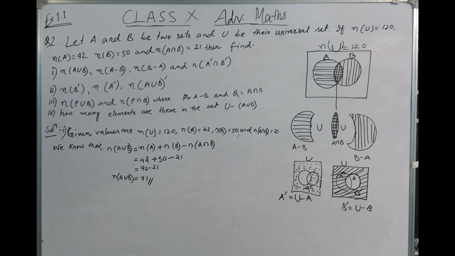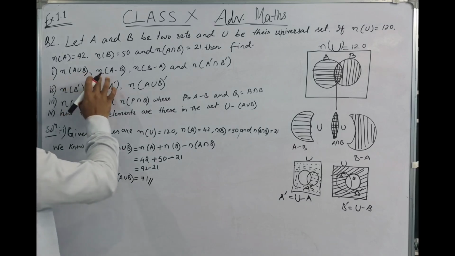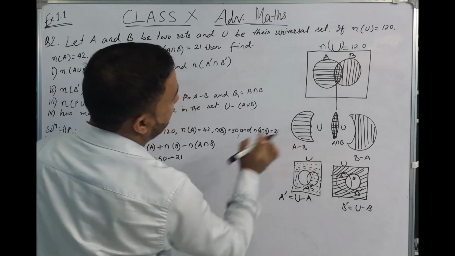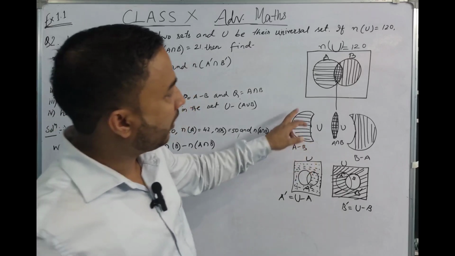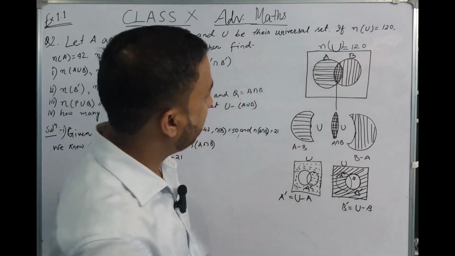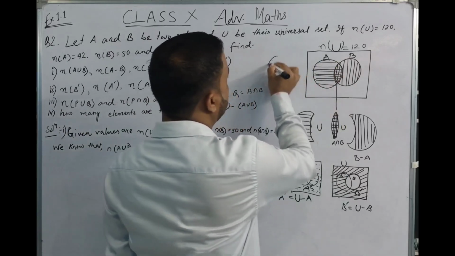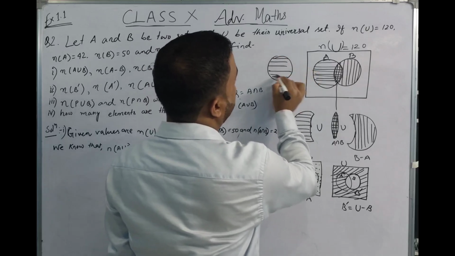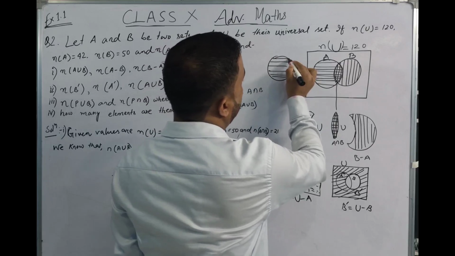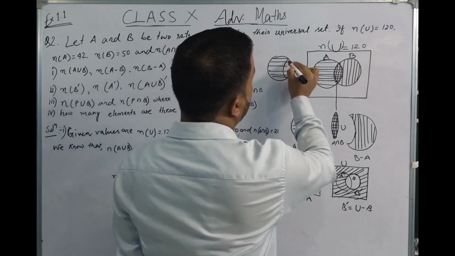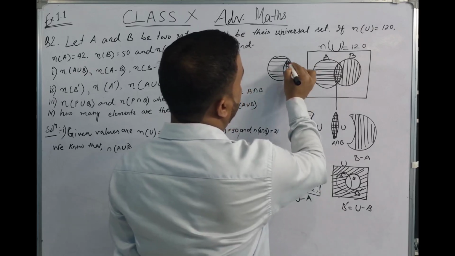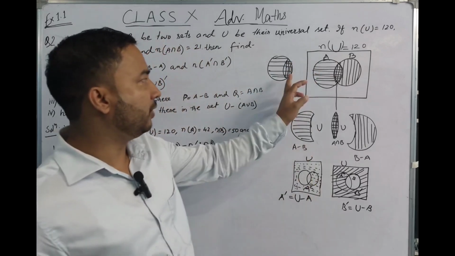Can you see here? Yes. Now, after number of A union B, we have to find number of A difference B. What is the number of elements in the set A difference B? If you see, this is our set A, where a part of A is also a part of B. This part of A is common to the set B also.